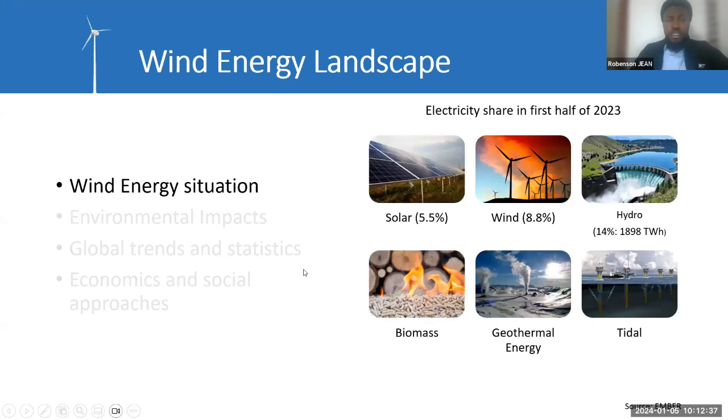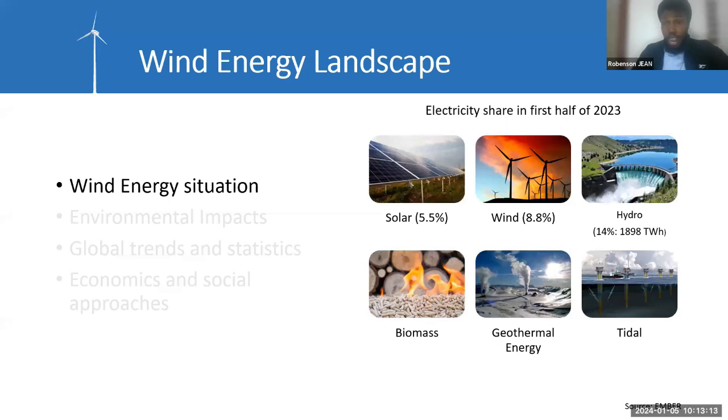So let us take a look at the wind energy landscape. Where is wind energy in the renewable energy mix? I'm talking about the year 2023, because for this new year 2024 we do not have a report yet. The report that we have is up to the first half of 2023.